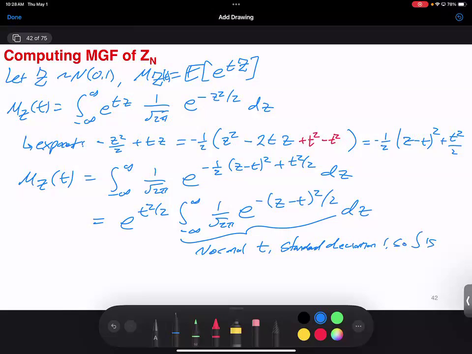So the integral is what? It's a probability distribution, so it's just 1, right? So we get that the moment generating function of the standard normal, as claimed, is just e to the t squared over 2. Okay? So far, so good.